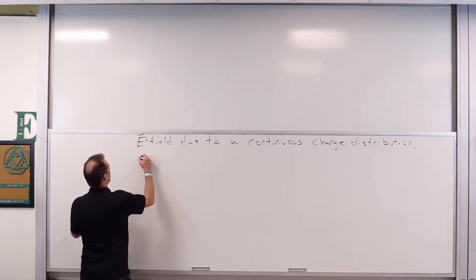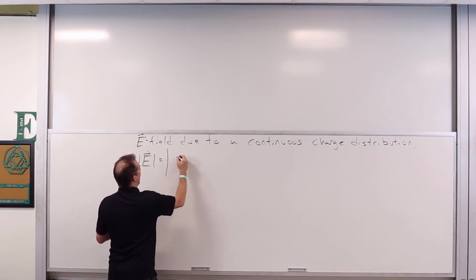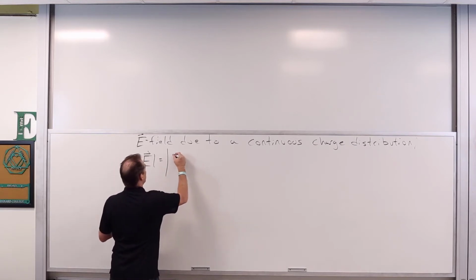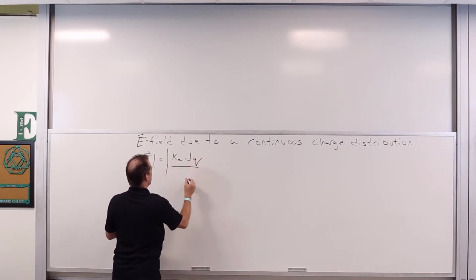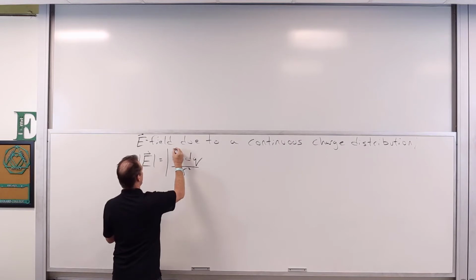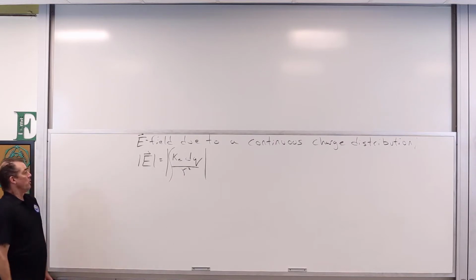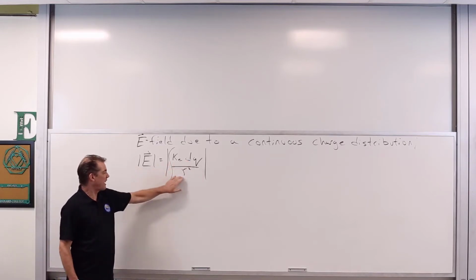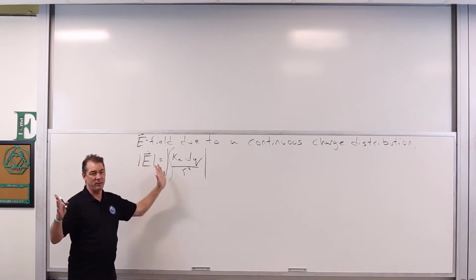Well, the electric field in terms of its magnitude is going to be equal to, let's say the absolute value because we're just talking about magnitude here, of k_e dq over r squared. And of course we've got dq there, right? So we need to be integrating the absolute value of that integral there. So the magnitude of the electric field depends on the charge distribution dq and how it's laid out spatially. So what we want to deal with in this particular case is start off with something nice.